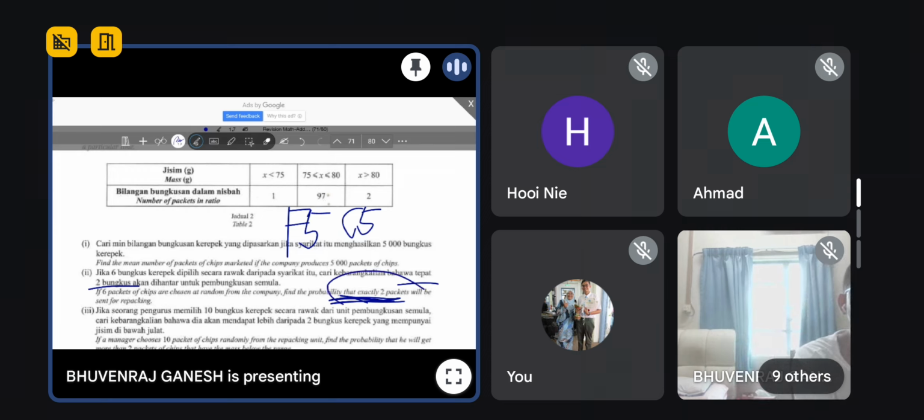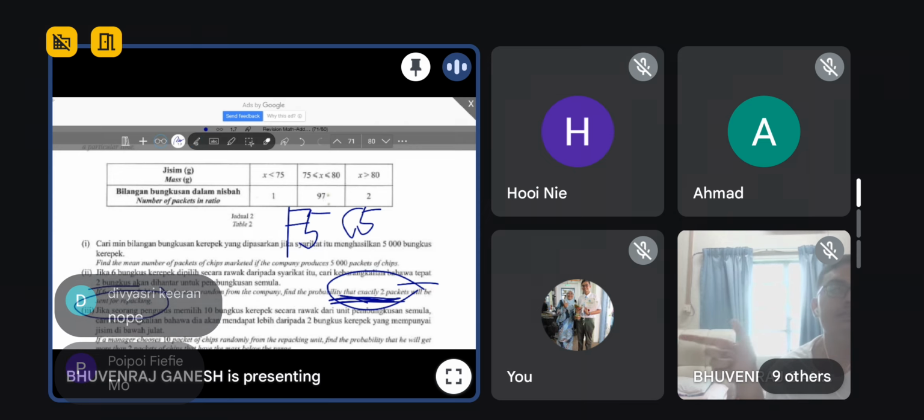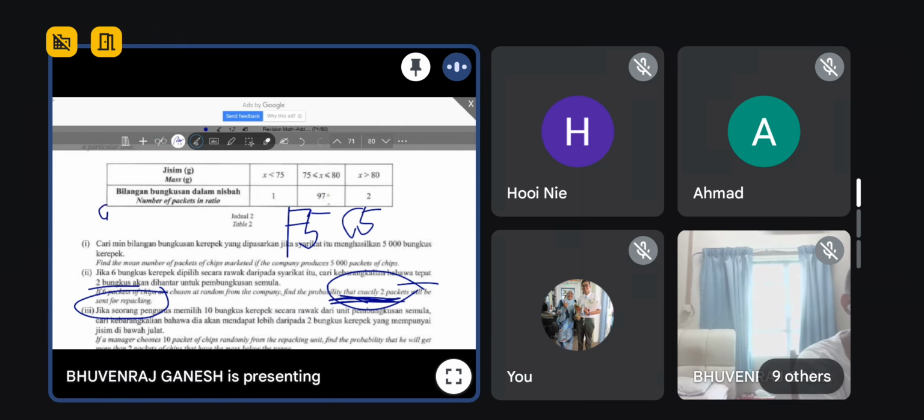If this type of question, do you see it in normal distribution, guys? Adakah kamu nampak dalam taburan normal? They ask you the probability that exactly 2 packets. Do you see this type of question? No, right? Normal distribution, usually they will give you a keyword, something like greater than, lebih besar.